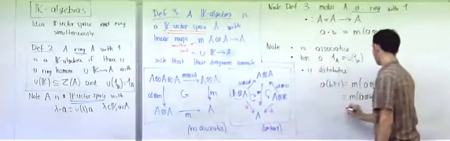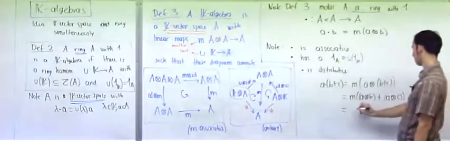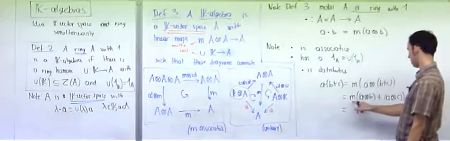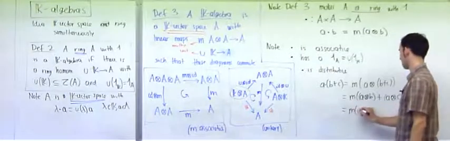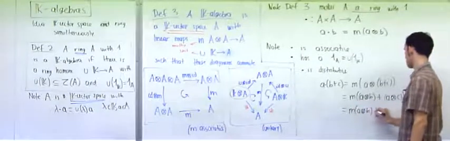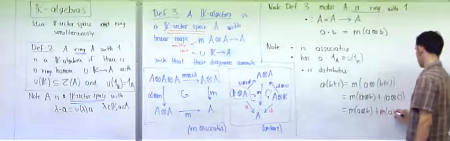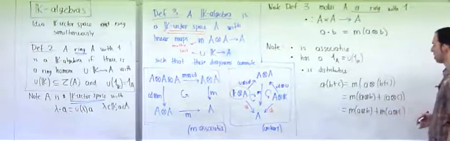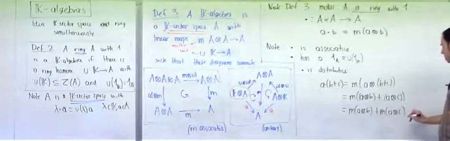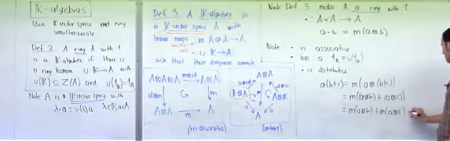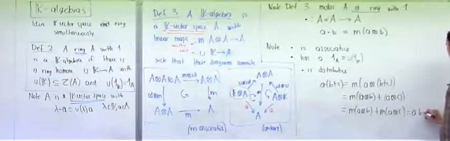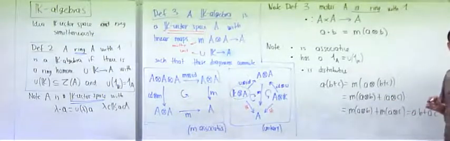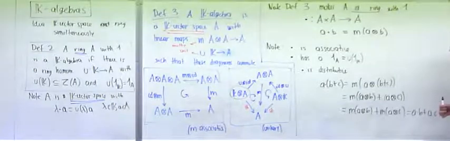So because M is linear, this is equal to M of A tensor B plus M of A tensor C. And by definition, this is A dot B, and this is A dot C. And that shows that this actually is distributive.